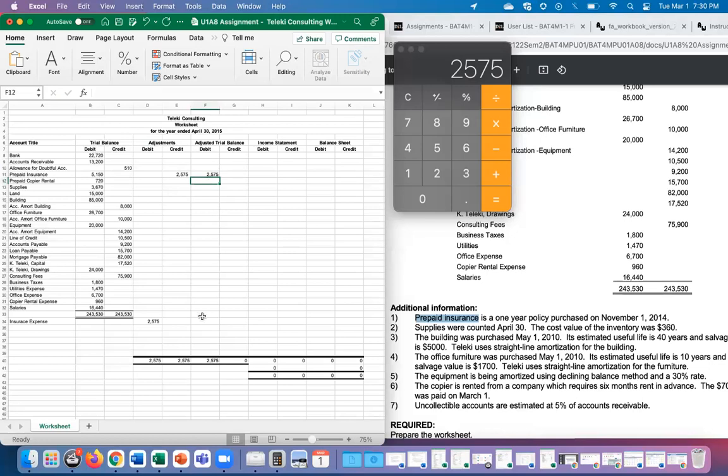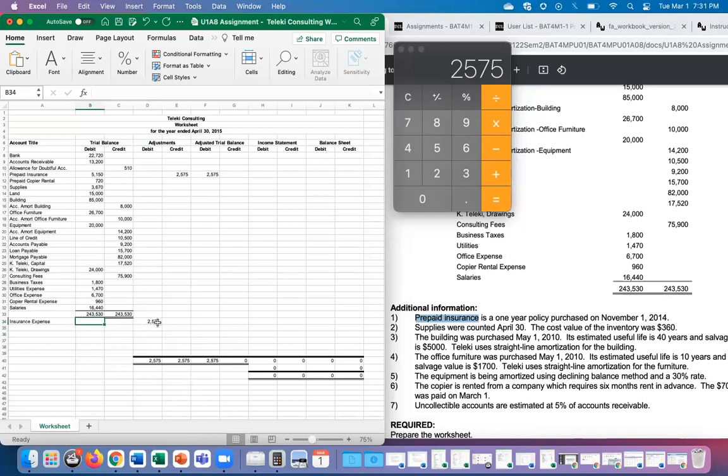And then in the insurance expense adjusted trial balance column, if we look over here on the initial trial balance, we didn't have anything in the insurance expense account. And I'm thinking I spelled insurance wrong. Sorry. There we go. I think there was an extra N. Sorry, tangent. Okay, so there's nothing in there to start with.